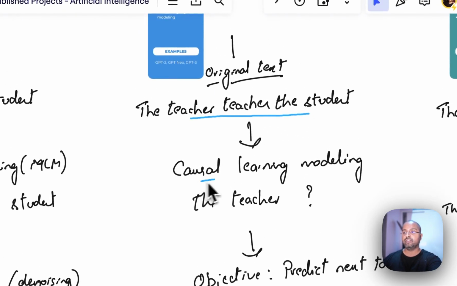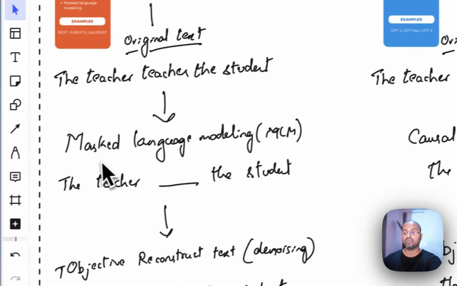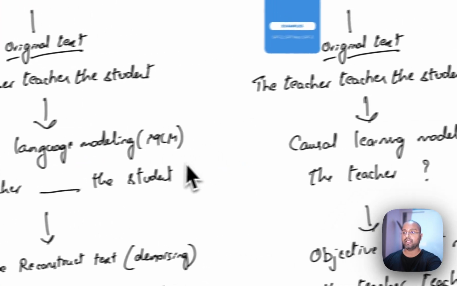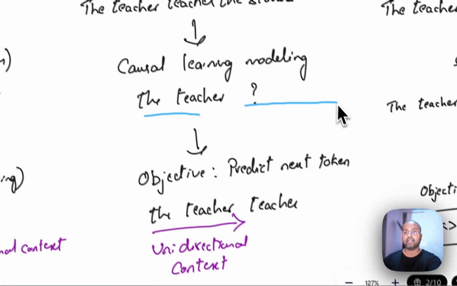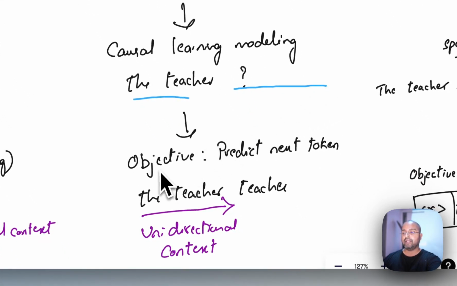Here we use something called causal language modeling, whereas in encoder only we were doing masked language modeling. We just start the sentence off with the first two words, and the model's job is to predict the rest of the words. Like we said, the objective is to predict the next token, and here we just have unidirectional context.